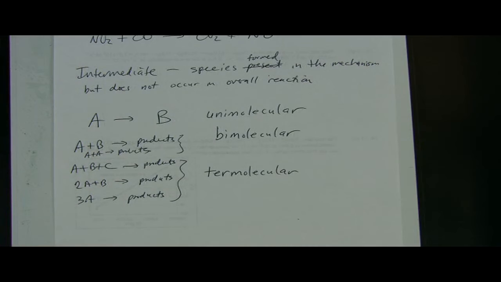So that is as much as we need to talk about in terms of mechanisms. Going kind of light on that, because the only thing we're really going to worry about is something called a catalyst.